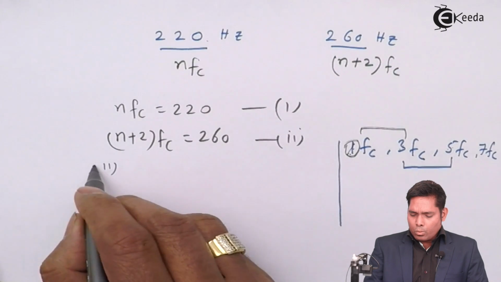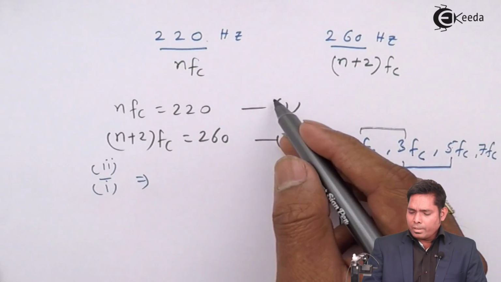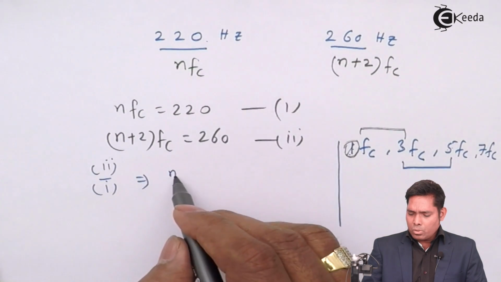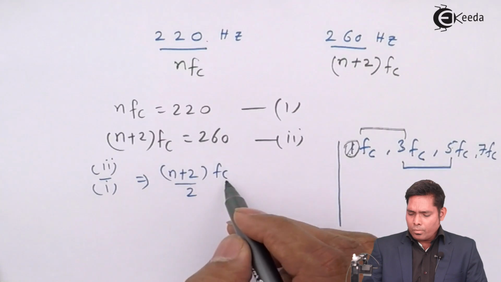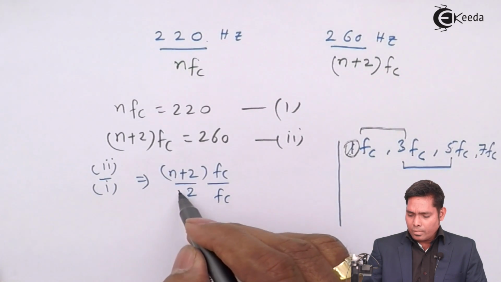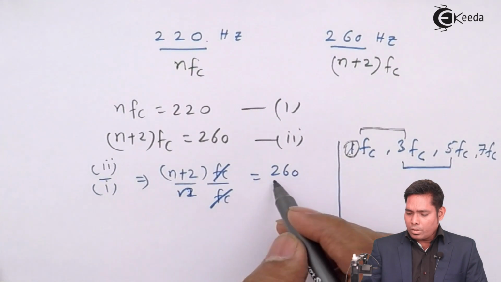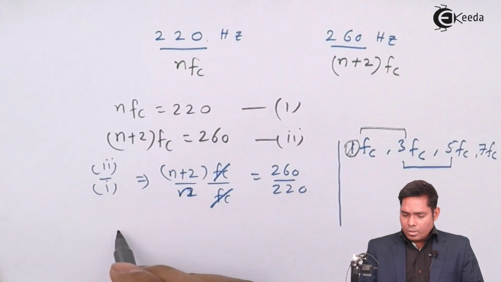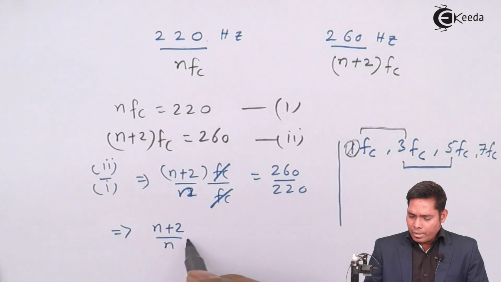This gives n plus 2 divided by n equals 260 over 220, which implies n plus 2 by n equals 26 over 22.